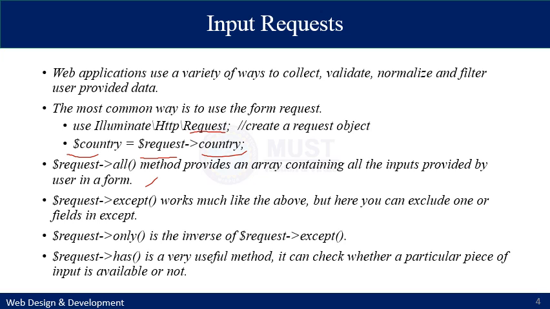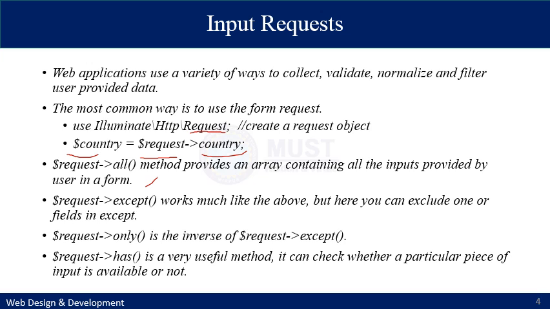Similarly, the request except method works much like the above, but here you can exclude one or more fields by specifying the name of the field in the method, and it will only provide you the input except those provided in the method. The request only method works in the inverse, and you can only access the specified fields by specifying the name in the only method.